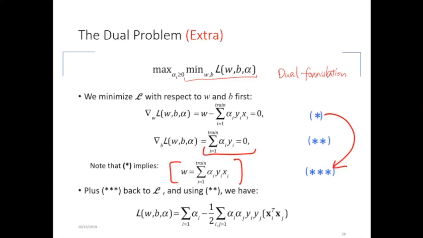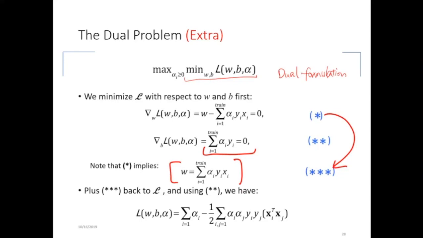And then because you can rewrite W as only related to alpha, you just substitute it into the original form using this formulation, and you can do the same thing for B, because this is only for the B. And then you're going to get the dual form has no W and B at all, has only alpha.